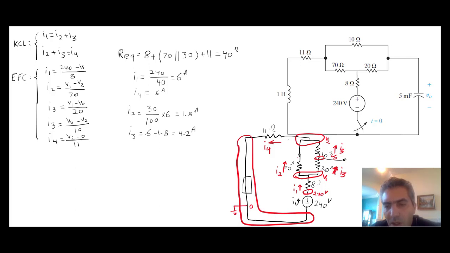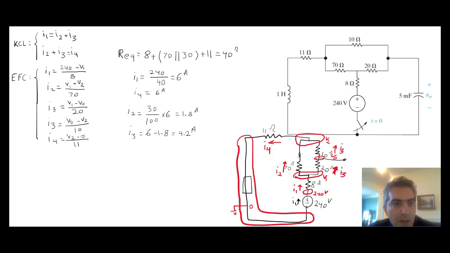So now you have all the currents that are passing through these, and now you can calculate every voltage across. Use these equations to calculate any other current that is passing through, any other voltage in the circuit. So for example, now that I know what I1 is, I just put the value of I1 here.